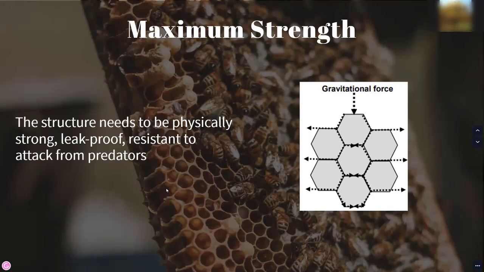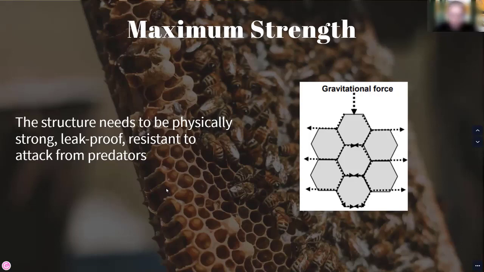And the structure needs to be physically strong, leak-proof, and resistant to attack from predators. So the hexagonal structure is the best option again. What's leak-proof? You have honey in it. Liquid, there won't be any leaking. You won't lose any honey. It will be a very good container for the honey.